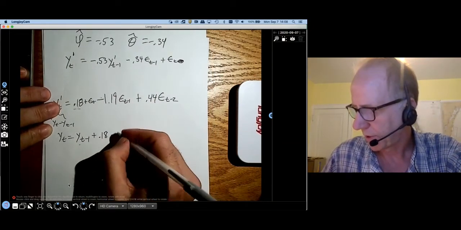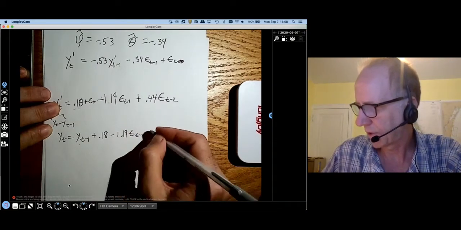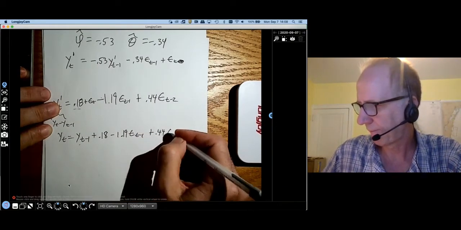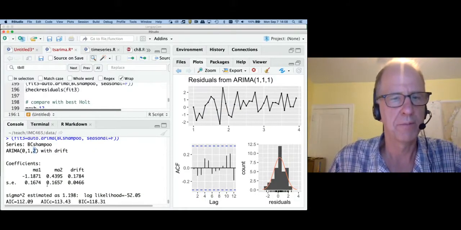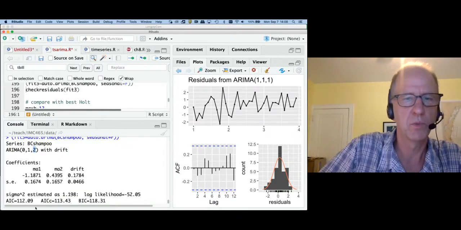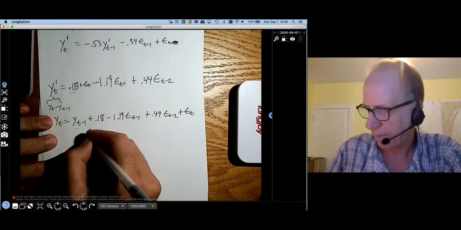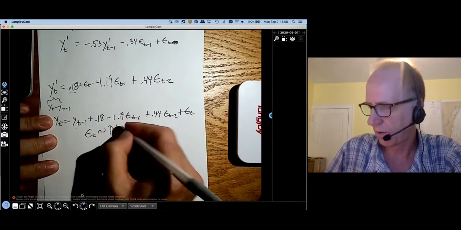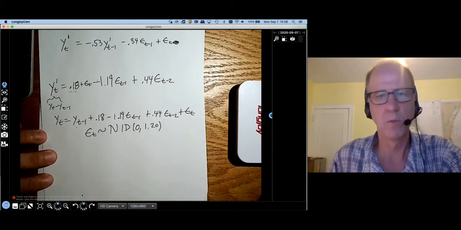But then we're going to adjust based on the errors. And so I'll just finish writing this out. If we really want to finish specifying the model, the variance of these epsilons is 1.20, call it. Epsilon t is distributed normally, independently distributed, 0, 1.20.